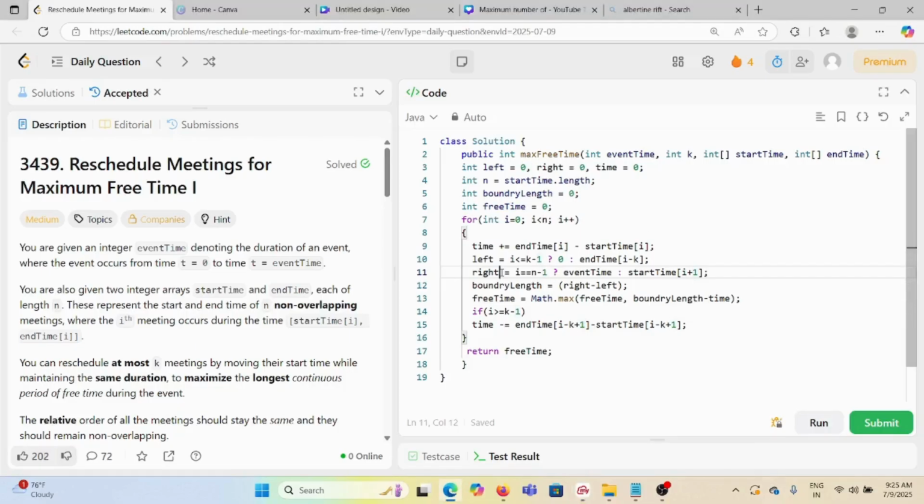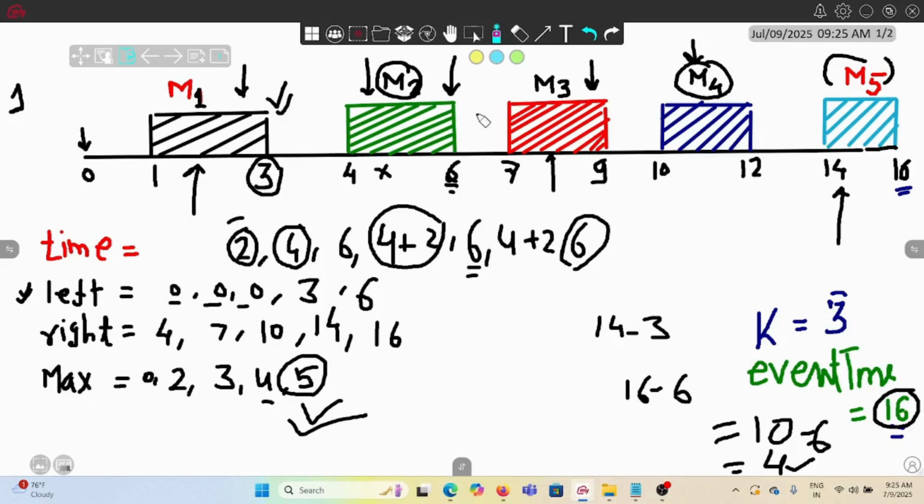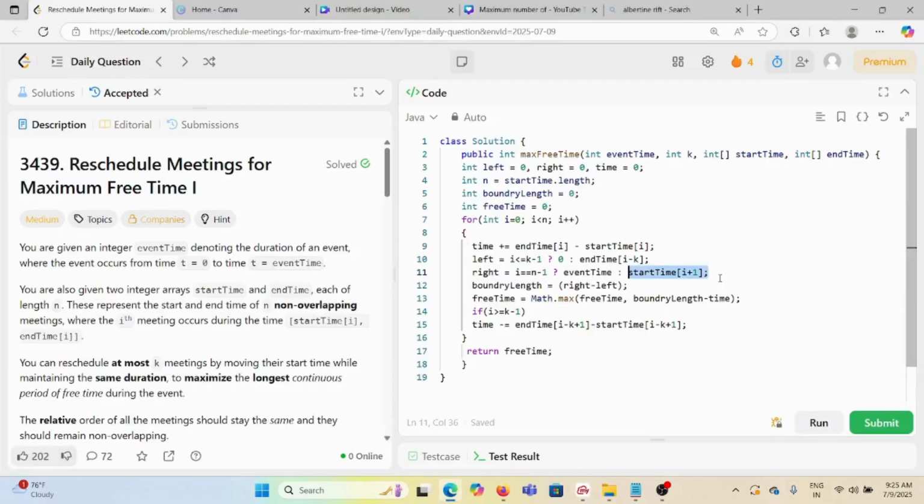So that is why, if it is the last one, if i equal to n minus 1, then we are taking event time. Otherwise, we are taking the start time of whoever is on the right side. Just like if we want to get the end time of this, we will get the start time of the next guy. Which means if we are at the ith place, then the i plus 1th start time would be our thing. That is why we are taking it like that.